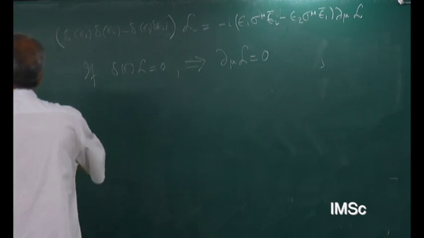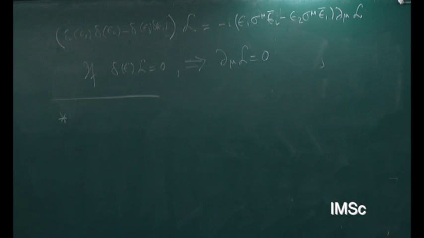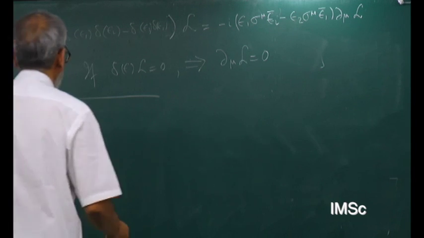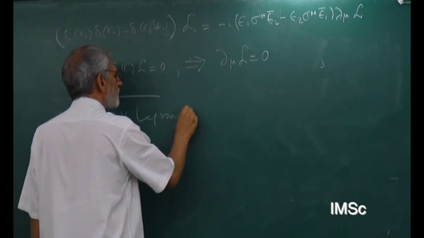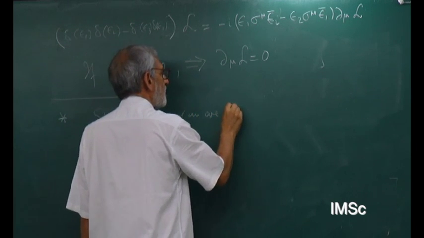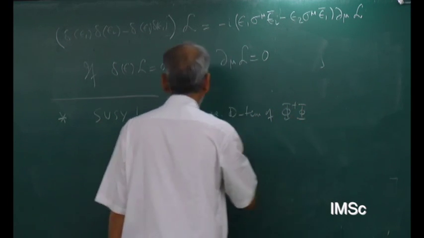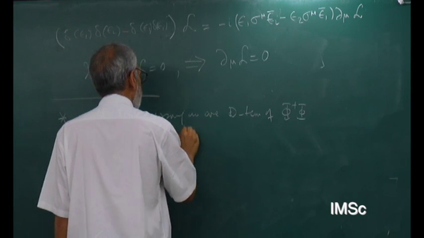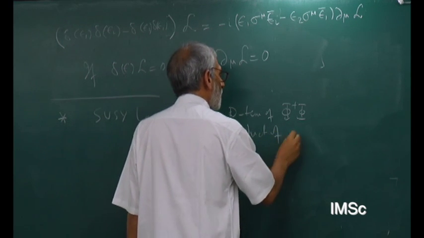So that's one. Second, which is a repeat of what we said earlier: if you want to make supersymmetric Lagrangians which transform by total derivatives, pick up the D term of phi dagger phi and F terms of a product of chiral superfields.